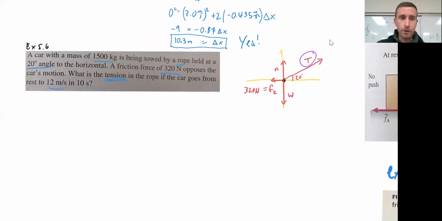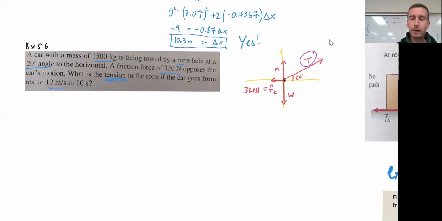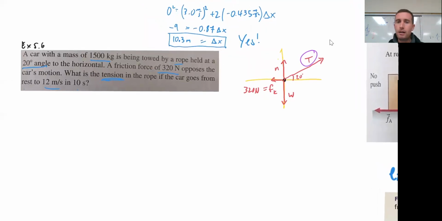The first component is trying to figure out, I know that I'm going to end up with some acceleration in this direction, right? My overall net force has to be that way, which means my acceleration has to be in that direction.